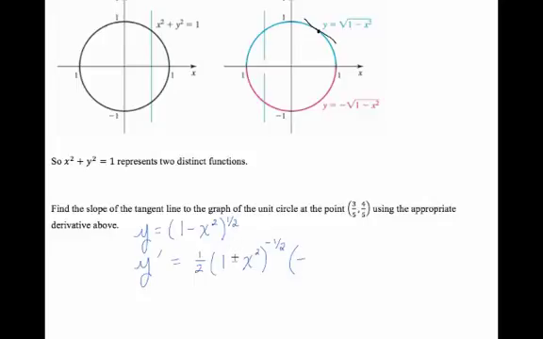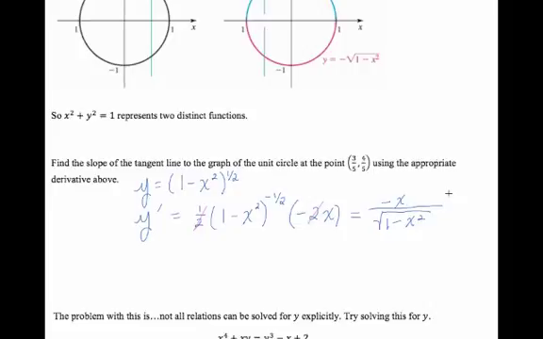Derivative of 1 is 0, the derivative of negative x squared is negative 2x. Simplifying, those 2's cancel, the 2 and the 1/2. And I'll put the negative x up in the numerator and write this power of negative half down in the denominator as a radical. Because I'm going to plug in 3/5 and see what the slope of the tangent line is at 3/5.